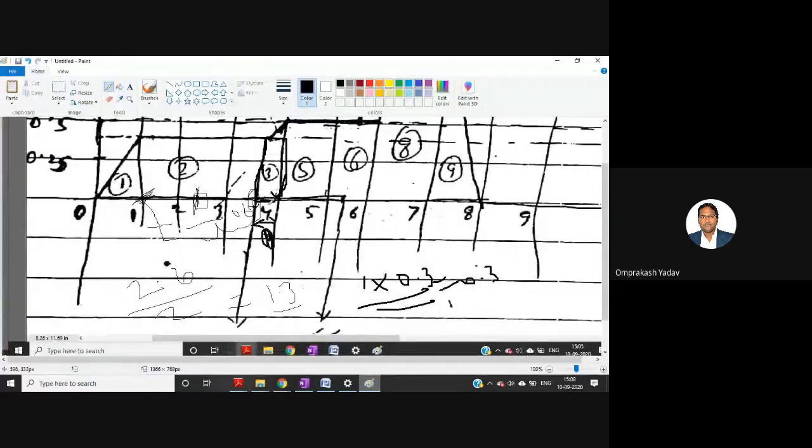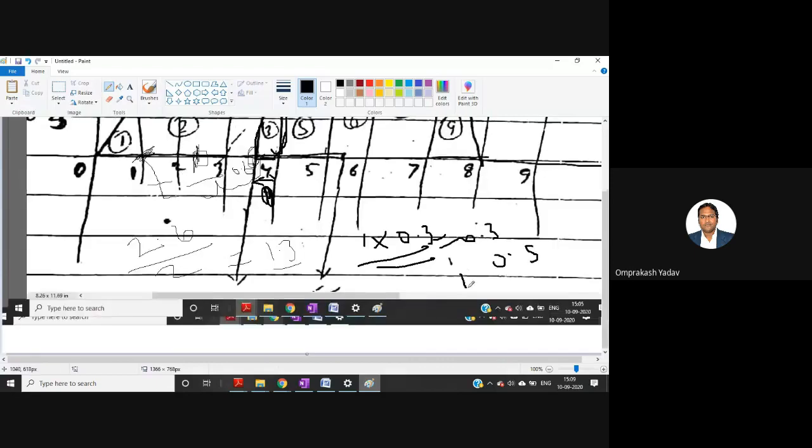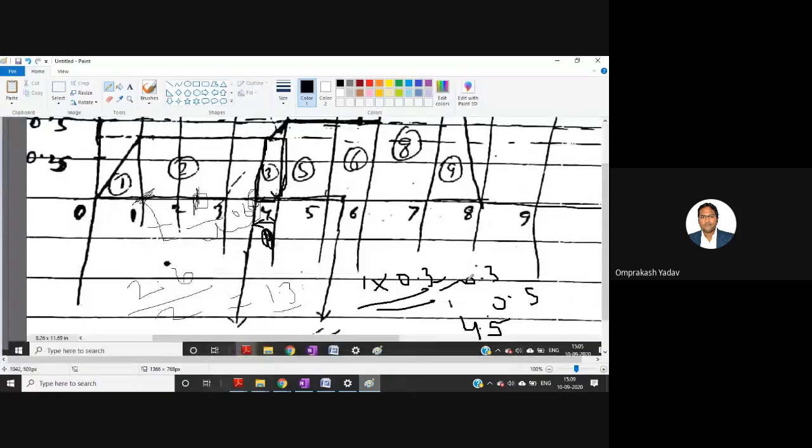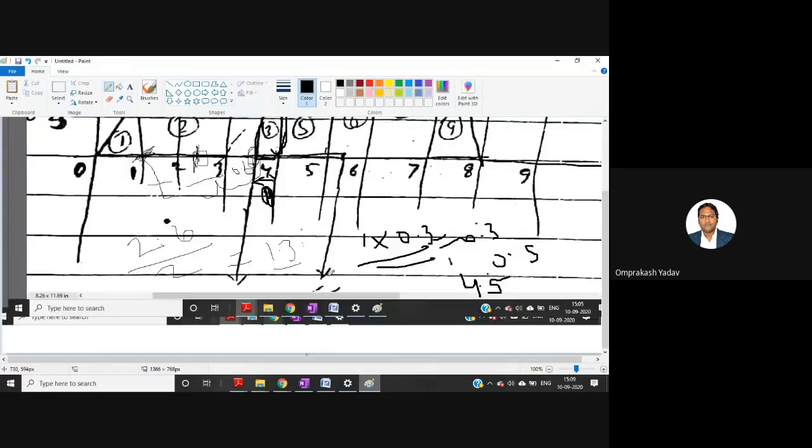It's 1 unit, so the middle point will be 0.5, right? So from 4 it is 0.5, but from 0 how much is it? This is 1 unit, 2 unit, 3 unit, this 4, so it will be 4.5. And the area we have already calculated, 0.3. So multiply both and you will get AX bar.